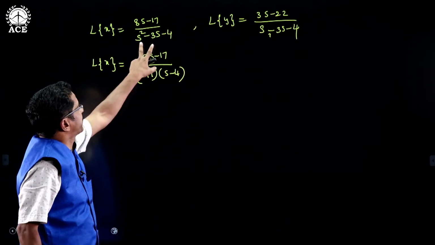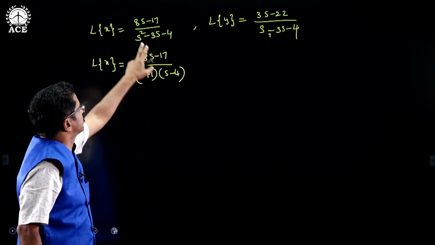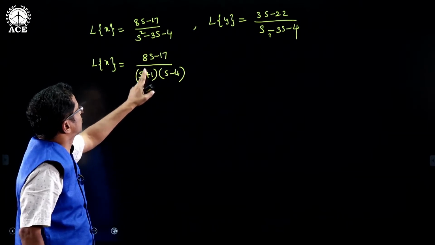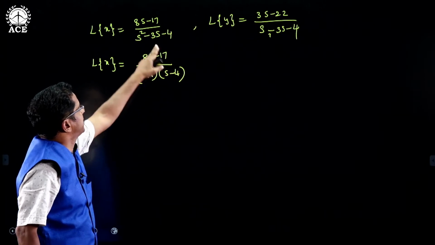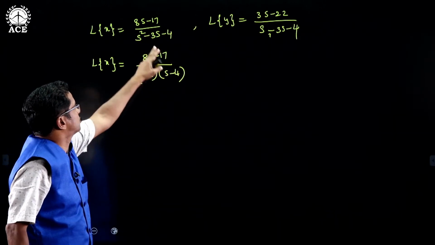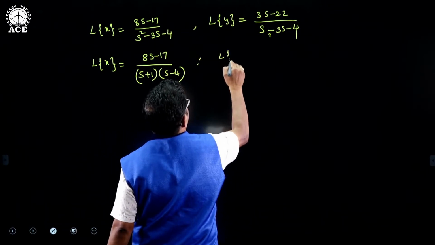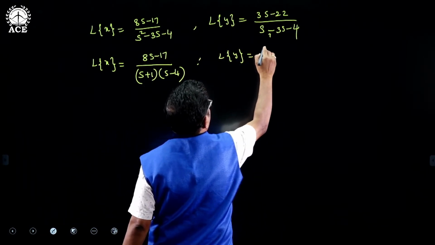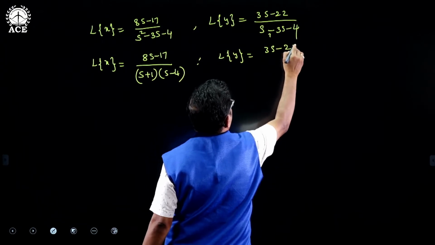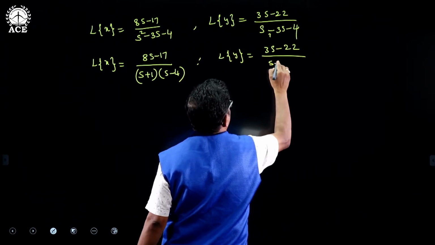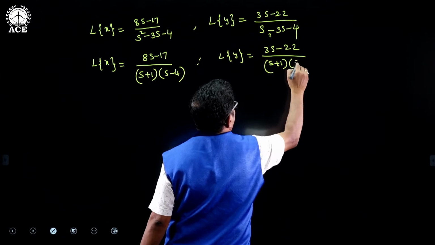Its factorization is s plus 1 into s minus 4, since s square minus 3s minus 4 equals s plus 1 into s minus 4: plus 1 into minus 4 is minus 4. So here L of y equals 3s minus 22 by s plus 1 into s minus 4.